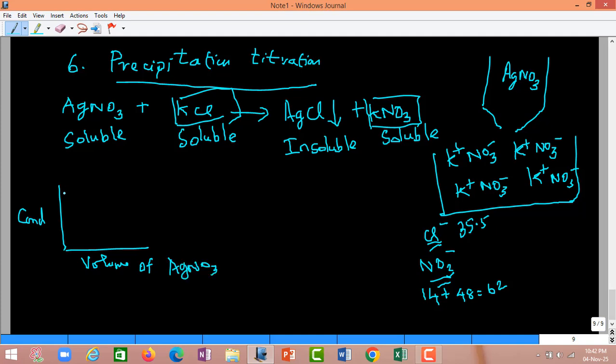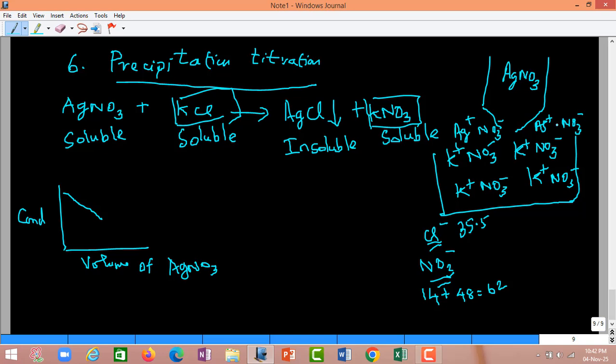We find that the conductance decreases. All the potassium chloride has reacted, and if you add silver nitrate further, silver nitrate being a strong electrolyte is completely dissociated and the number of ions increases further because there you don't find any potassium chloride to react.